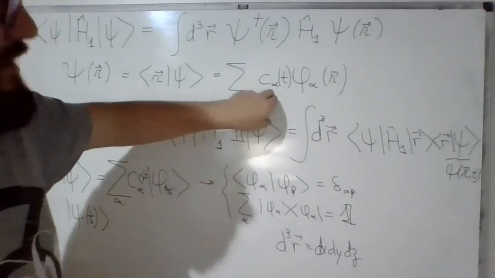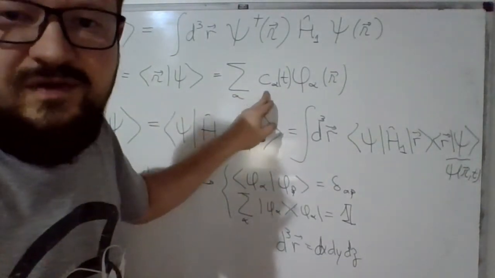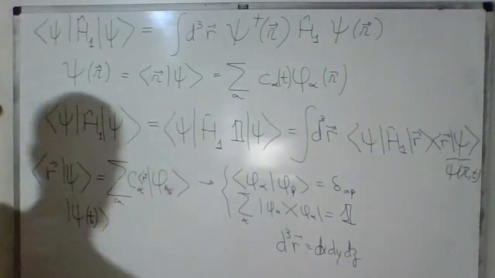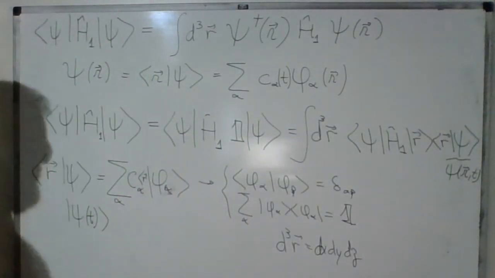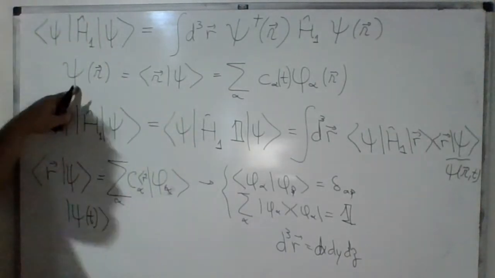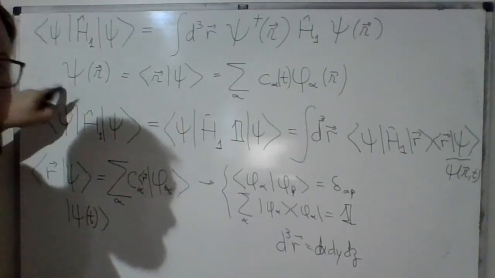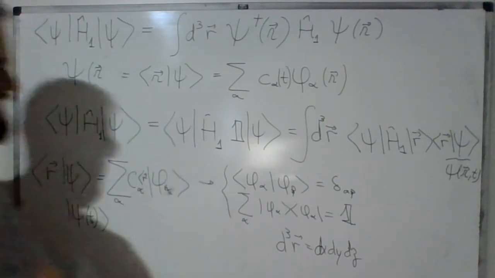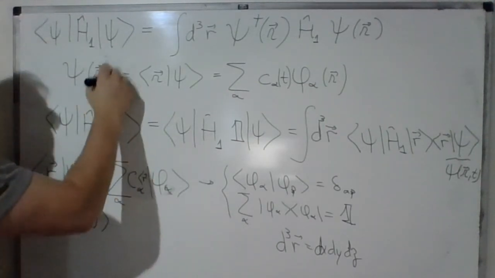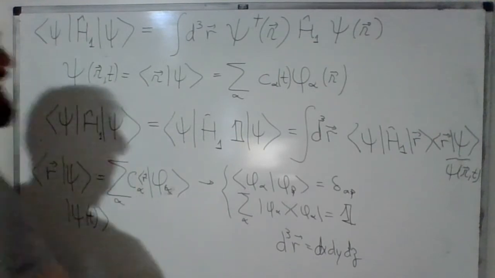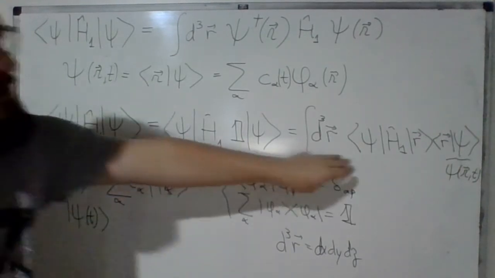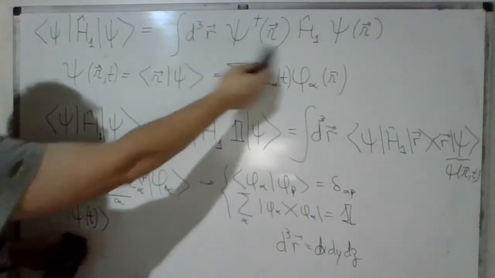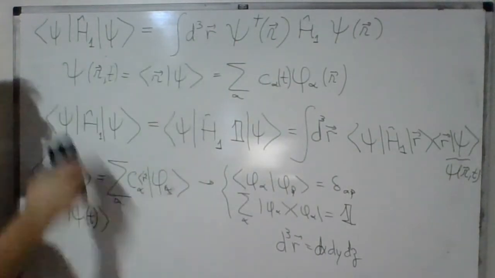So you could just consider that these coefficients are complex numbers, but they evolve in time. All right. So this is your operator. This is your wave function expanded in the position basis. They depend, of course, on space-time coordinates. And this thing here is what is written in this line here.